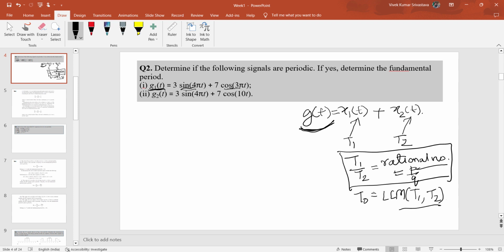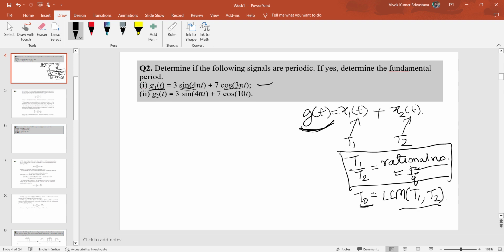So first of all, here we will see whether this g1(t) is a periodic signal or not. Then, if g1(t) is periodic, we will determine its fundamental time period.